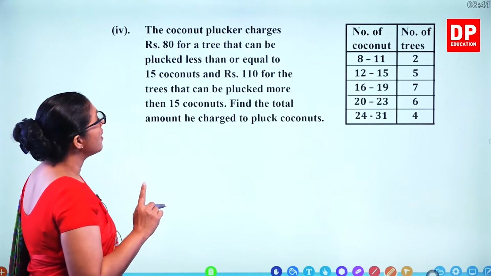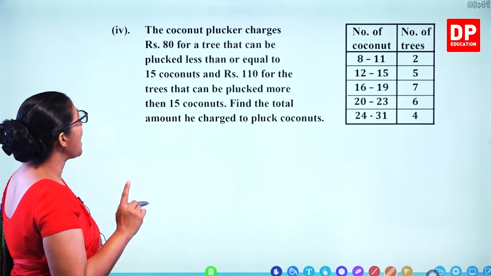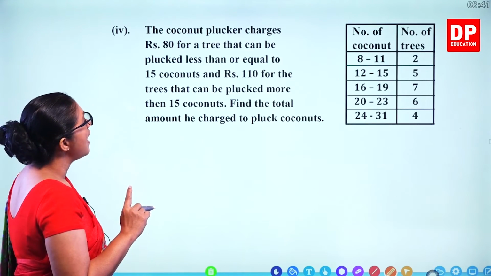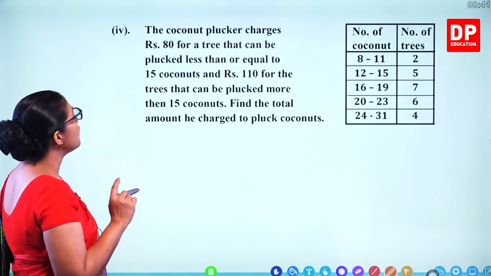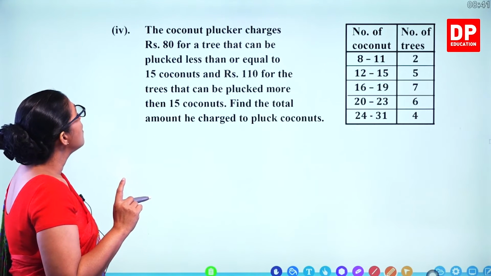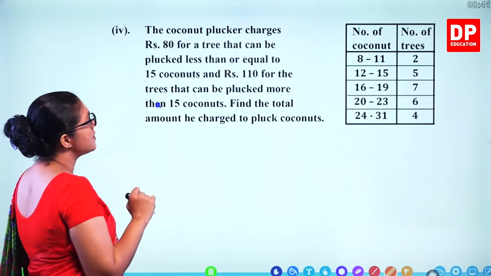It says the coconut plucker charges 80 rupees for a tree that can be plucked less than or equal to 15 coconuts, and 110 rupees for the trees that can be plucked more than 15 coconuts.